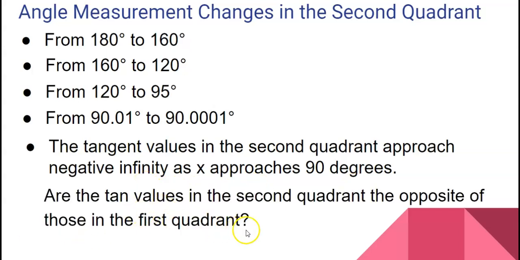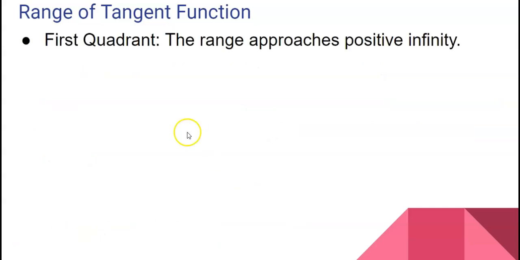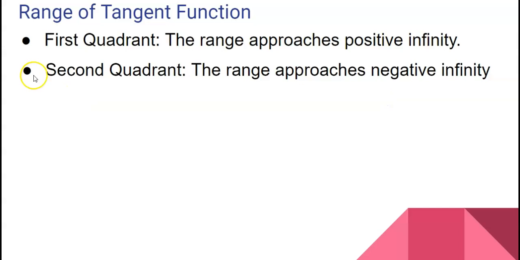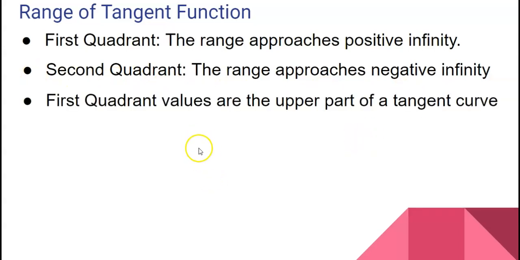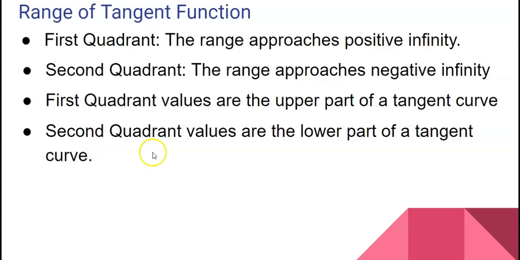And you're correct that the tangent values in the second quadrant are the opposite of those in the first quadrant. Say that in the first quadrant, the range approaches positive infinity, and in the second quadrant, the range approaches negative infinity. I'm going to create a spreadsheet to show that the first quadrant values are the upper part of the tangent curve, and the second quadrant values are the lower part of the tangent curve.